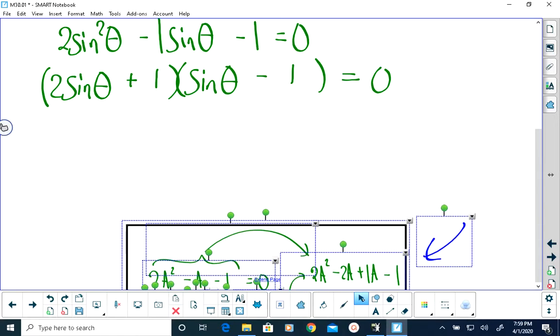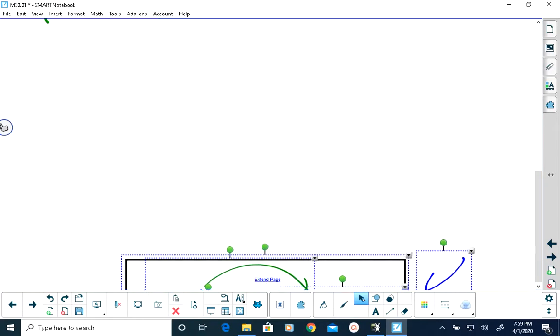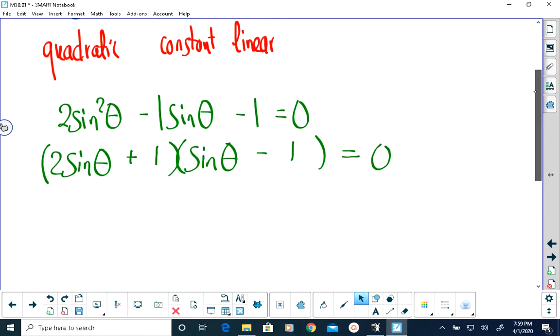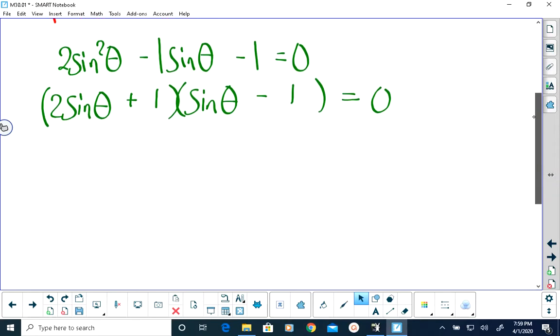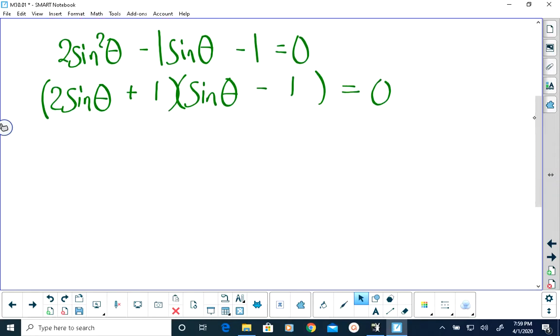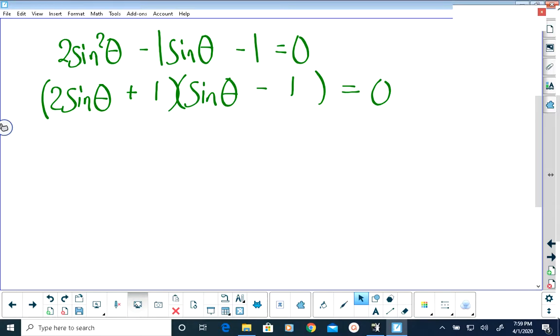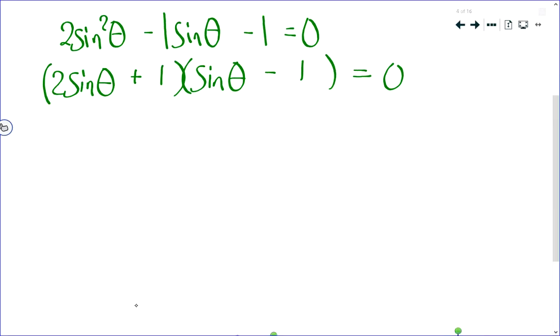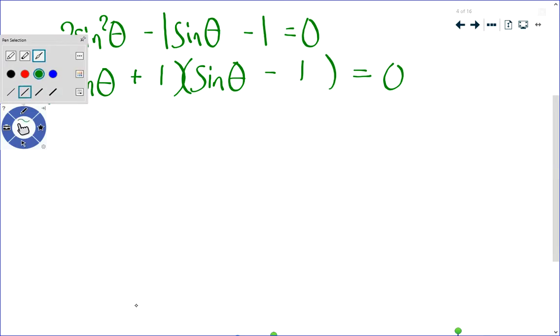Just going to get this out of the way. What we have done is change the equation from the top one that you see at the top of the screen here, and we have changed it into two equations that you see below. Now, they're not equations yet, but they're about to be.